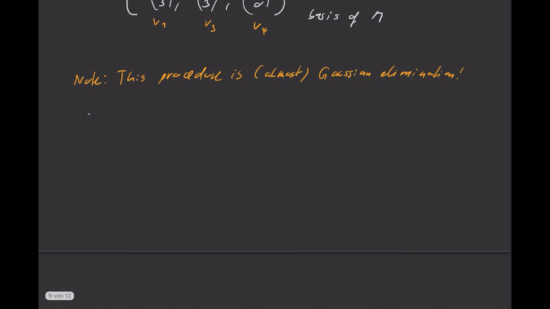So here's what we could also do. We could also write the vectors as rows of a tableau, and we could then perform Gaussian elimination on those.